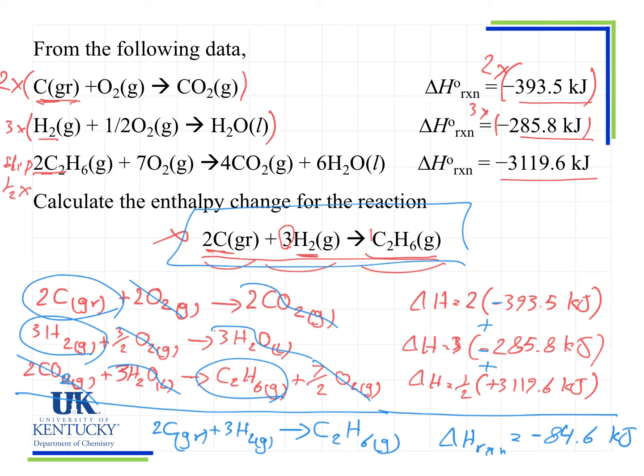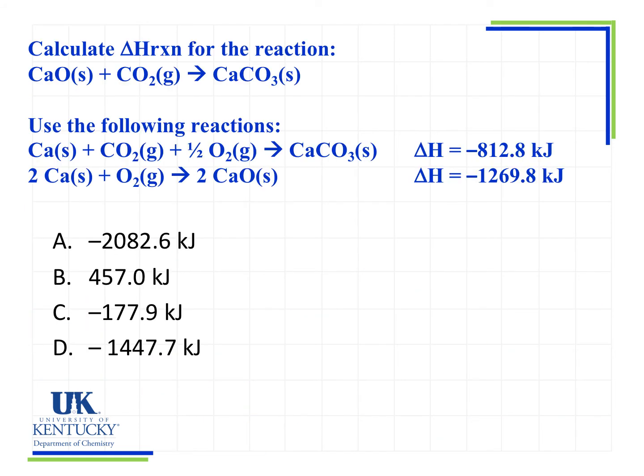So you add the reaction together to see if you get back the reaction that you want. If it's the same thing, then you just add the delta H's, and that will be the change in enthalpy of your reaction.